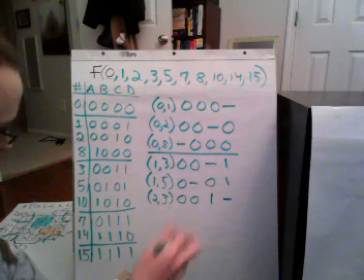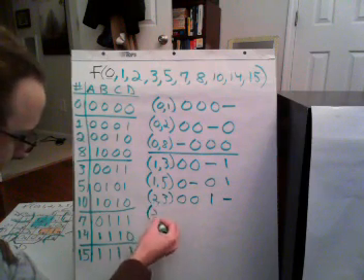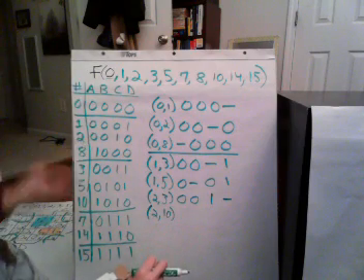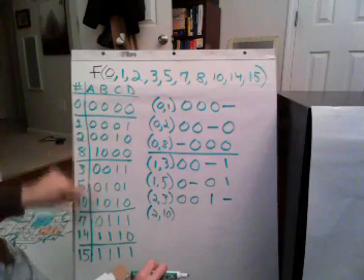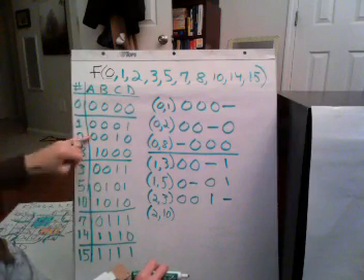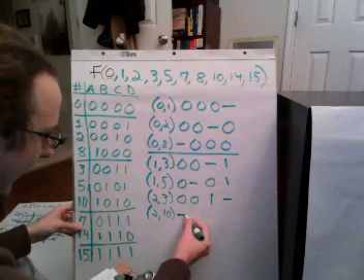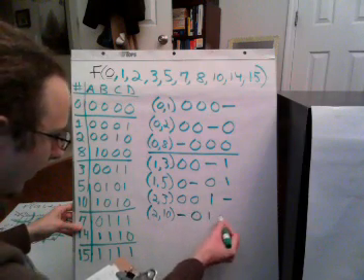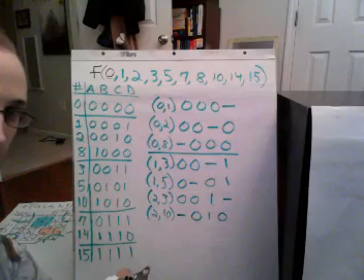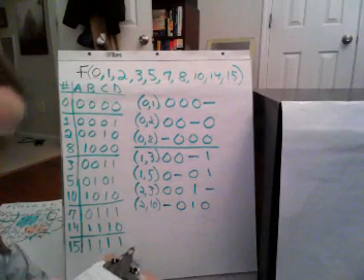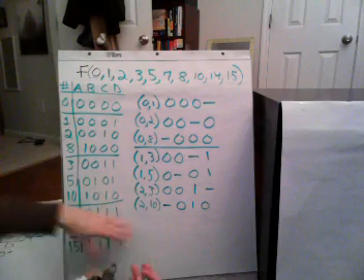Actually, no, 10 also. 2 and 10 are the same except for the very first bit here. So we have a dash, 0, 1, 0. And now we're done with 2's.